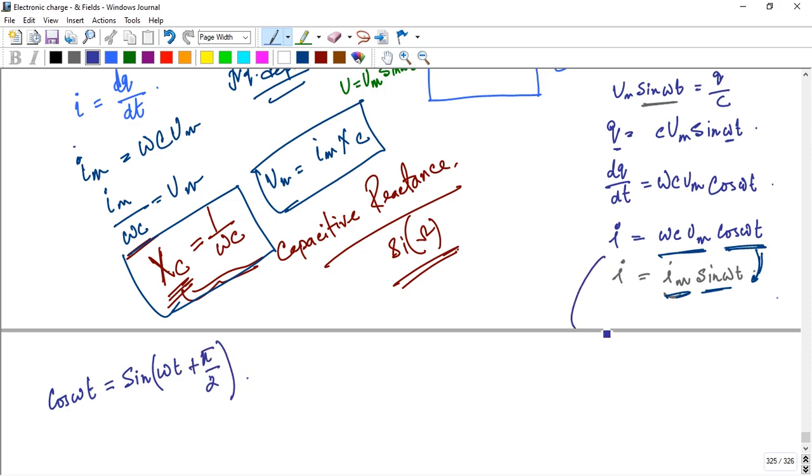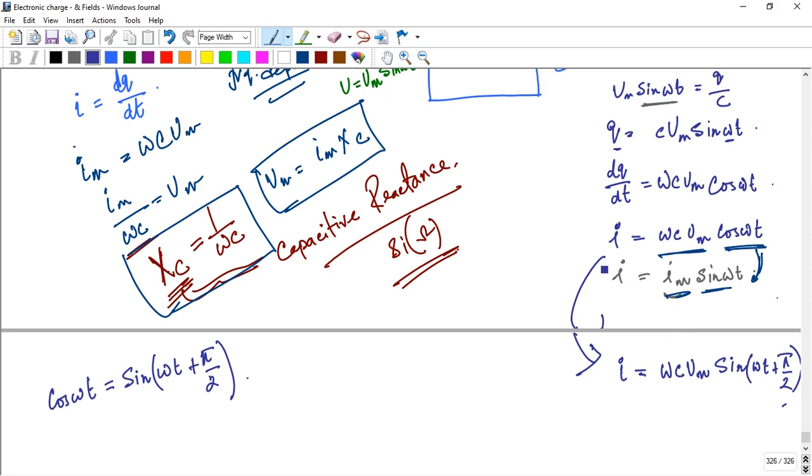So on the next page, I equal to omega C Vm, and this cos omega t converts to sin omega t plus pi by 2.